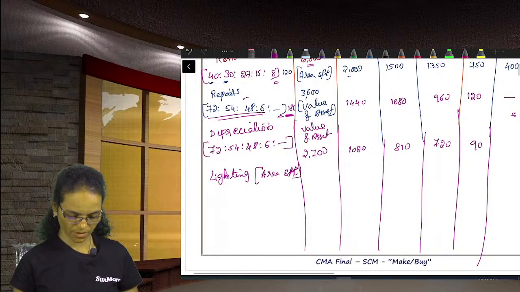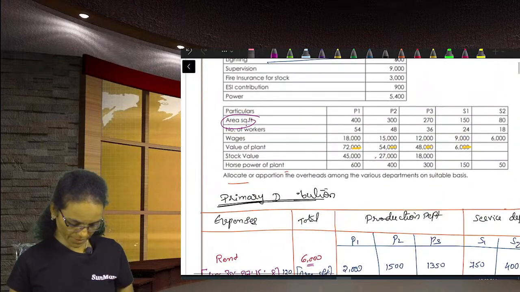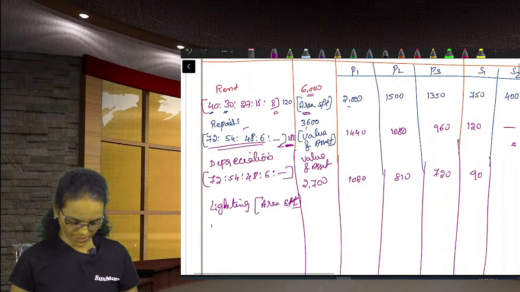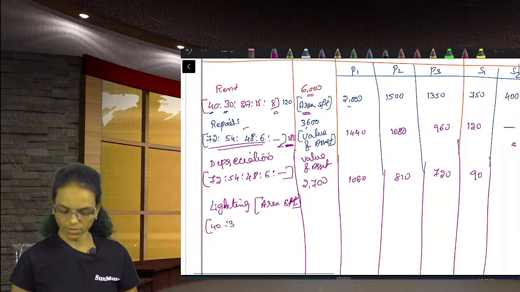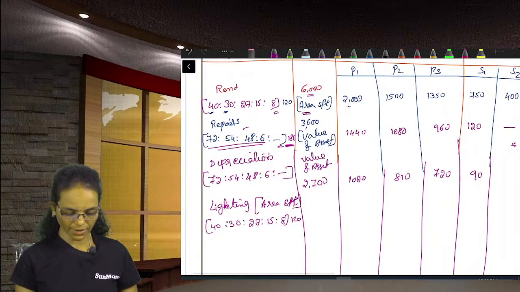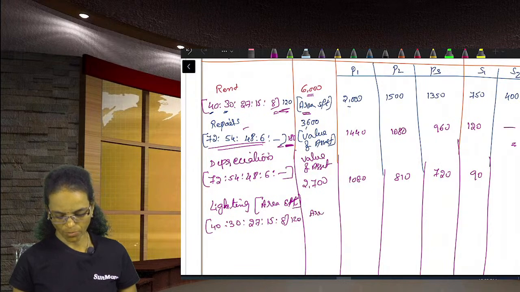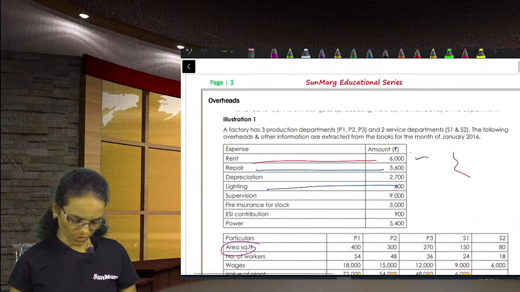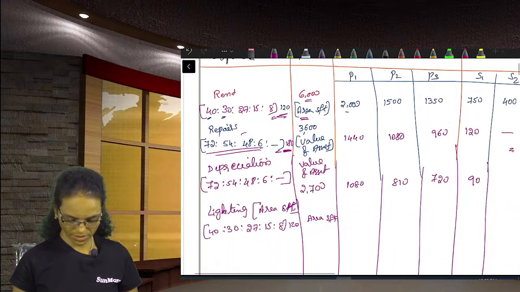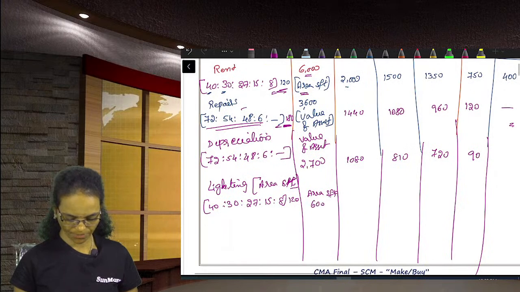Area occupancy. Here we have seen it is 40 is to 30 is to 27 is to 15 is to 8. This is 120, which we have already calculated. The amount of expenditure we incur towards lighting is 600 rupees. So write 600 here.